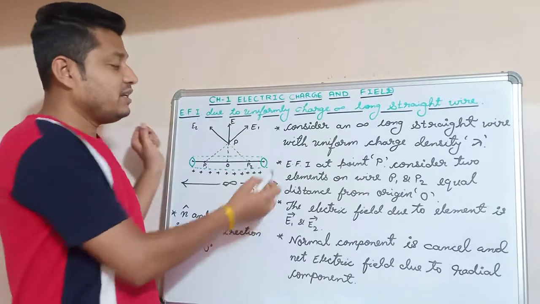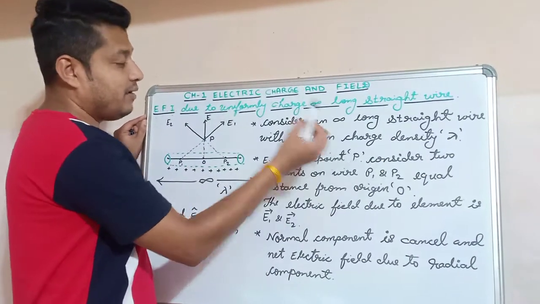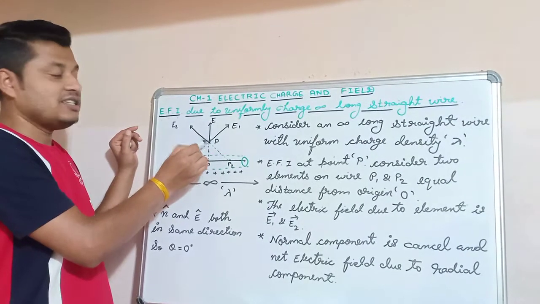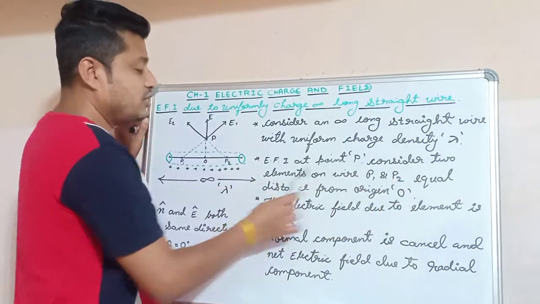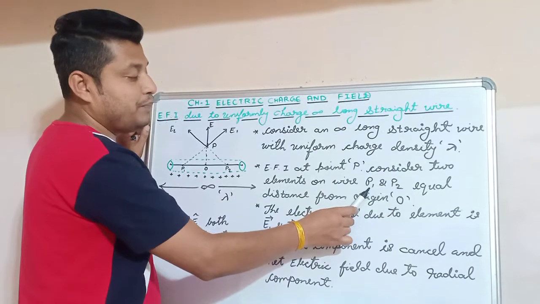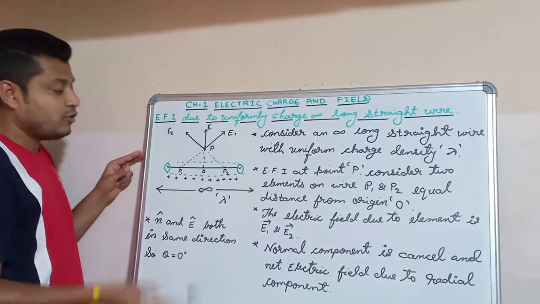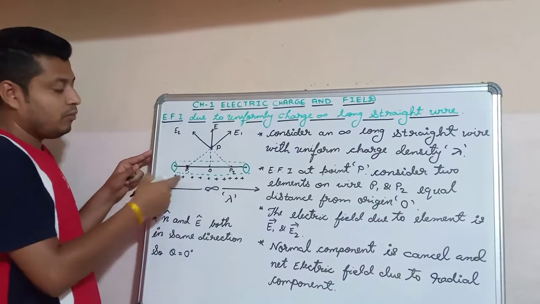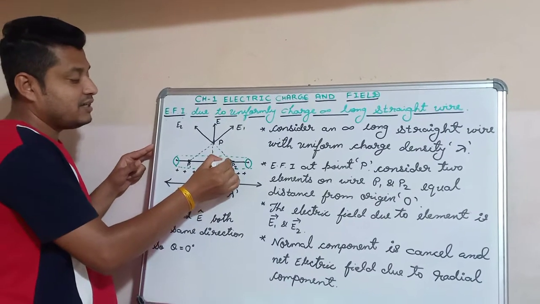Now the electric field intensity at point P. Consider two elements on the wire, P1 and P2. One element is here, P1, and another element is here, P2.